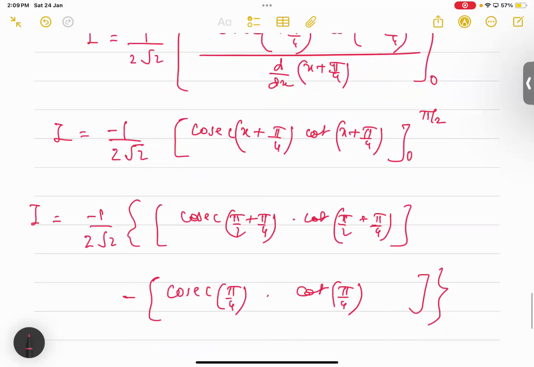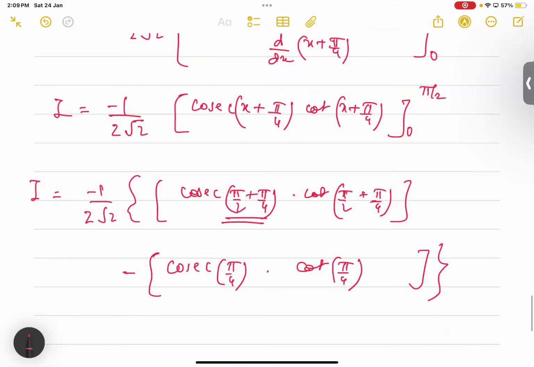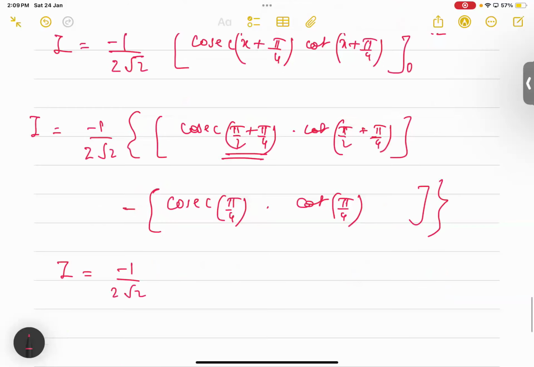Clear? What is pi by 2 plus pi by 4? 3 pi by 4.